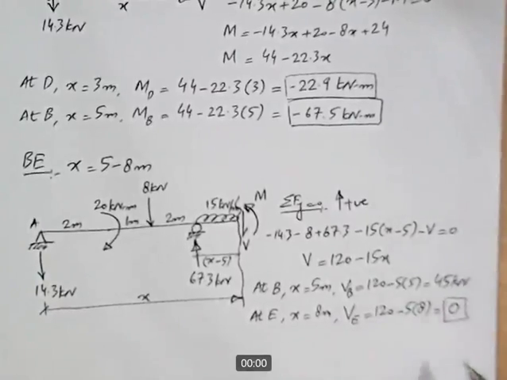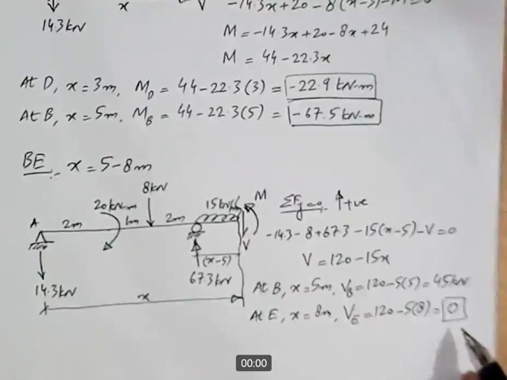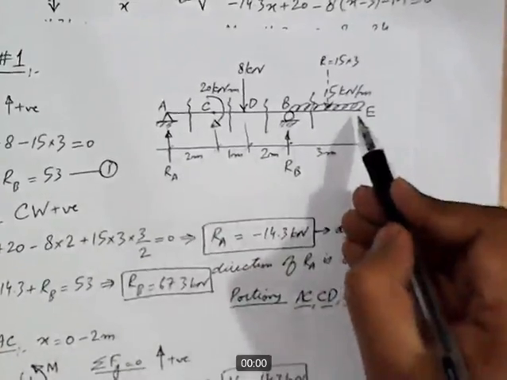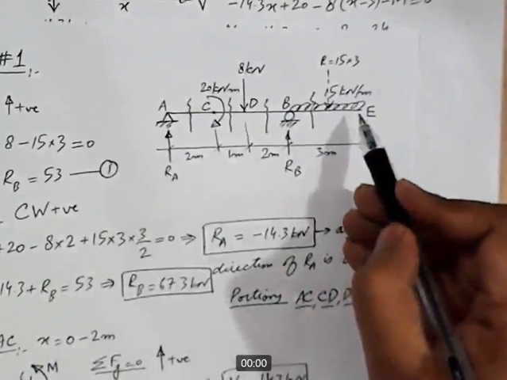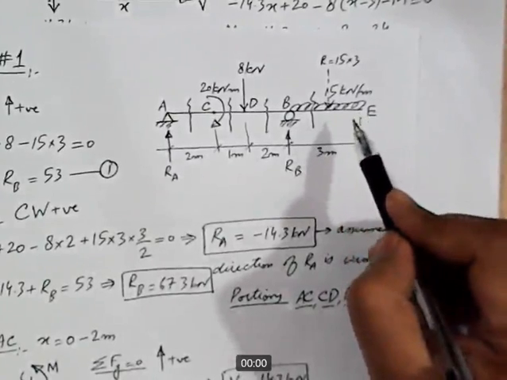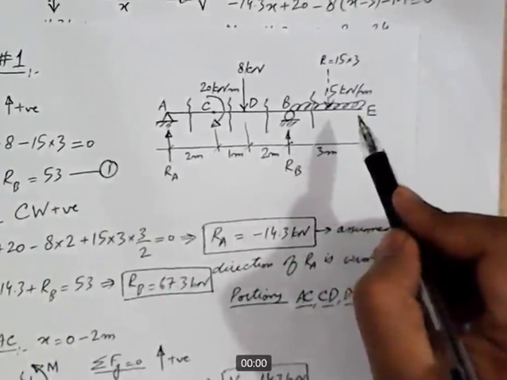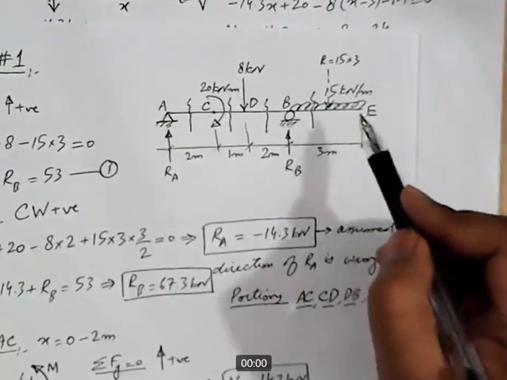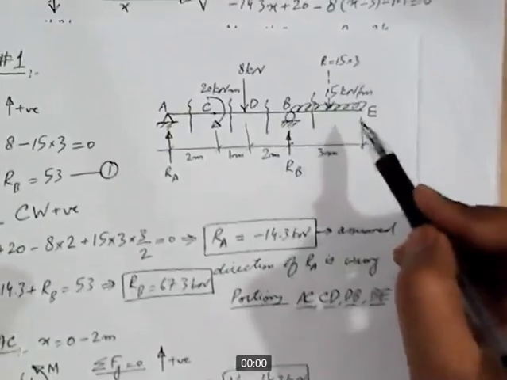Is this 0 logical? What do we have at the free end? At point E, we have a free end, and we have discussed that if there is no externally applied moment at point E, then the value of bending moment will be 0 at the free end, and that is what we have in this situation.